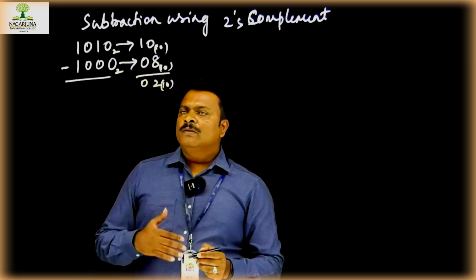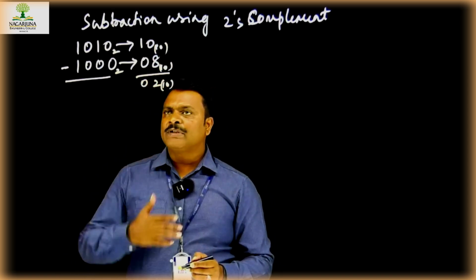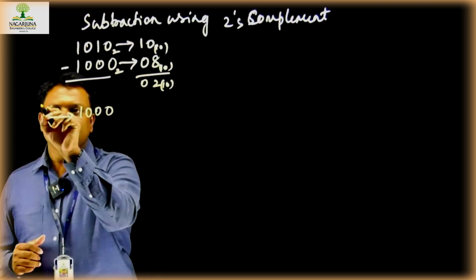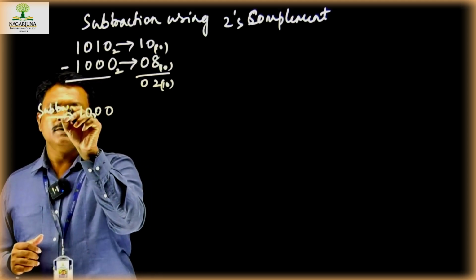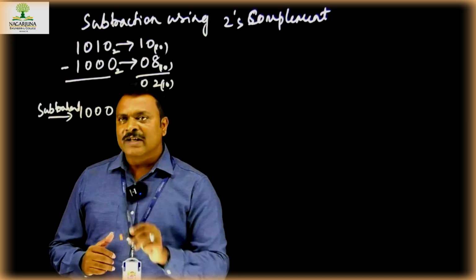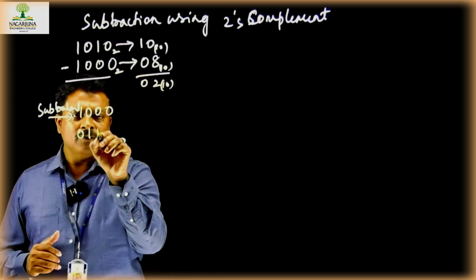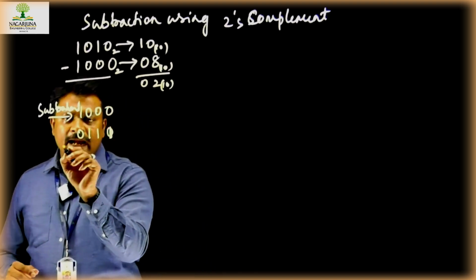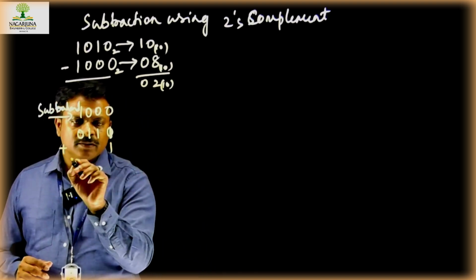Now we are always dealing with your subtrahend. We are taking the number 1000 as your subtrahend. First we do the one's complement of the subtrahend, that is 0111, and adding 1 to this is nothing but your two's complement.